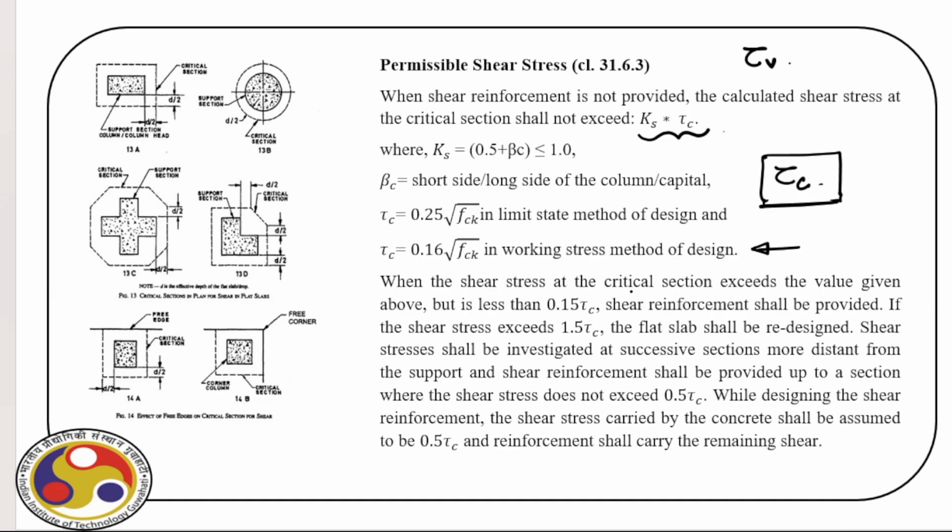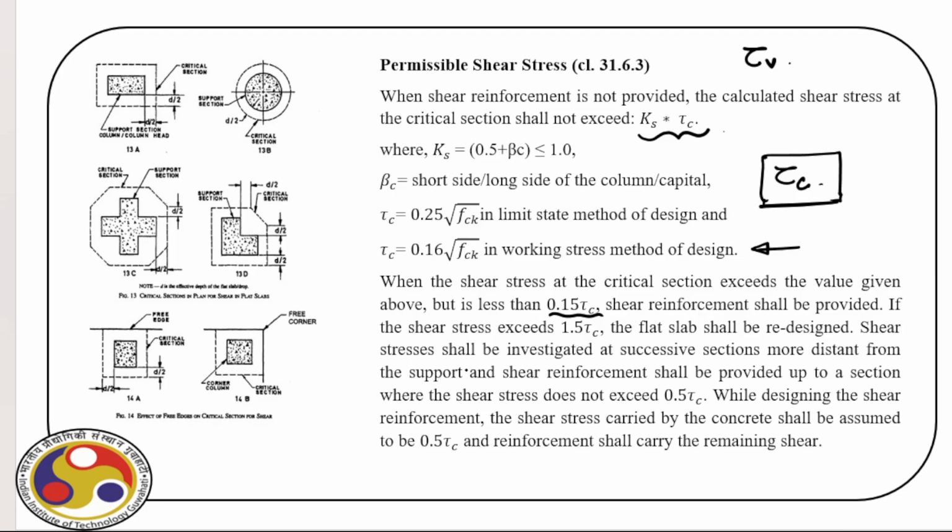So when the shear stress at the critical section exceeds the value given above but is less than 1.5 tau C, the shear reinforcement shall be provided. If the shear stress exceeds 1.5 times tau C, the flat slab shall be redesigned, right?